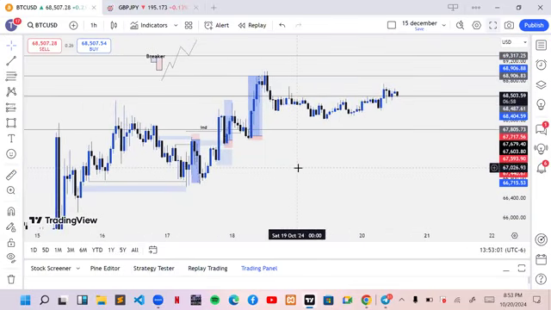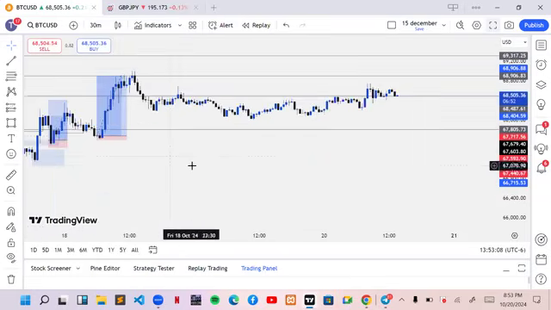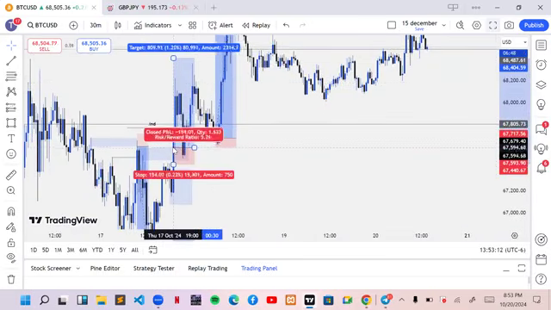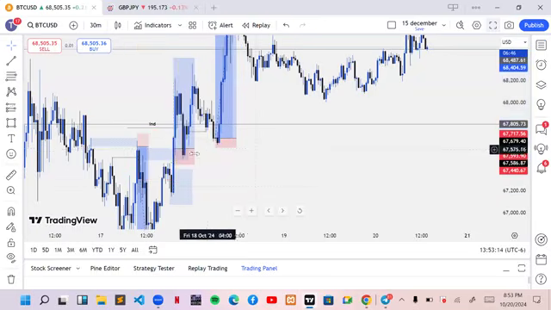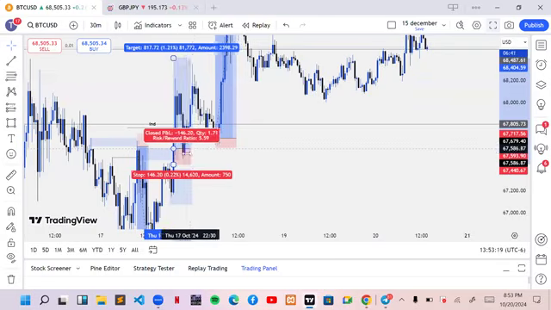Let me see if I can find that trade. I don't really remember the trade form. Let me see if I can find it. I think, yeah, it's this trade here. It was this trade, but I caught it very early when it was already moving.